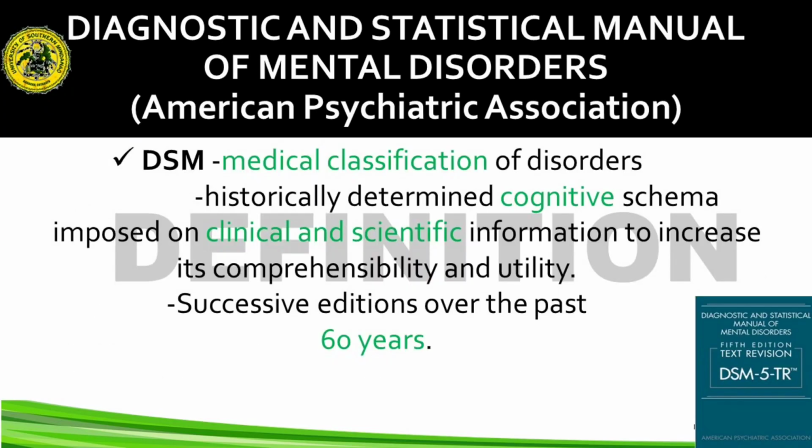So the Diagnostic and Statistical Manual of Mental Disorders, or the DSM of the American Psychiatric Association, is a classification of mental disorders with associated criteria designed to facilitate more reliable diagnosis of these disorders. DSM is a medical classification of disorders and as such serves as a historically determined cognitive schema imposed on clinical and scientific information to increase its comprehensibility and utility.